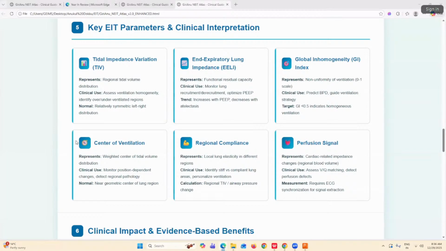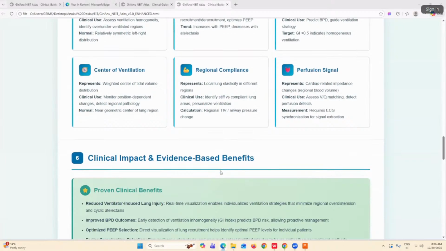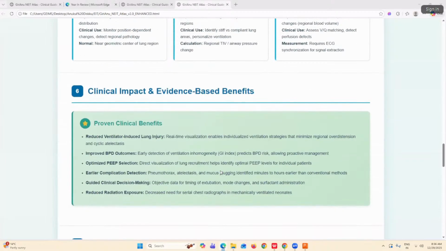And the perfusion signal represents cardiac-related impedance changes. The clinical impact and evidence-based benefit: it has a proven clinical benefit with reduced ventilator-induced lung injury, improved BPD outcomes, optimized PEEP selection, earlier complication detection, guided clinical decision-making, and reduced radiation exposure.